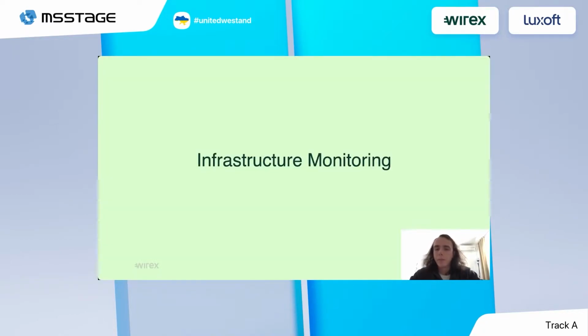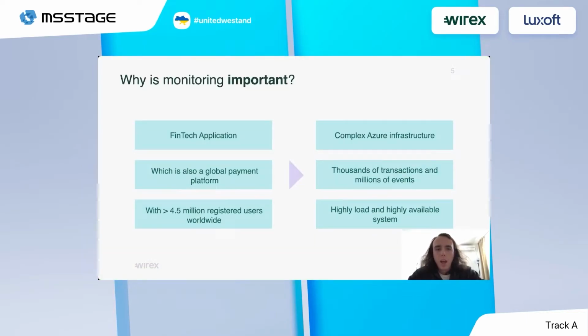Okay, let's begin with infrastructure monitoring. Let me discuss why monitoring is important. We should consider the following things. The multifunctionality of a financial technology application requires a complex Azure infrastructure that we already have.